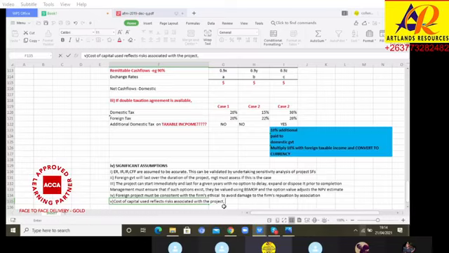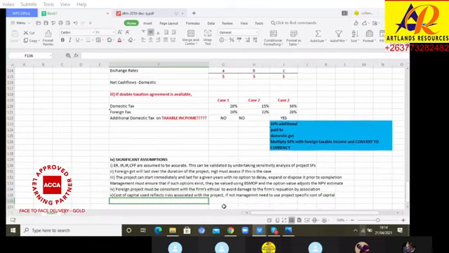If not, notice I'm now discussing. If I end there, it says I have stated, and then I'm now discussing and say, if not, management must use project-specific cost of capital.